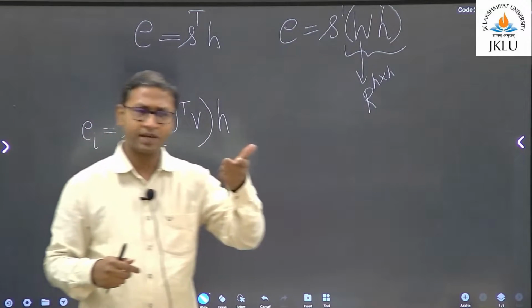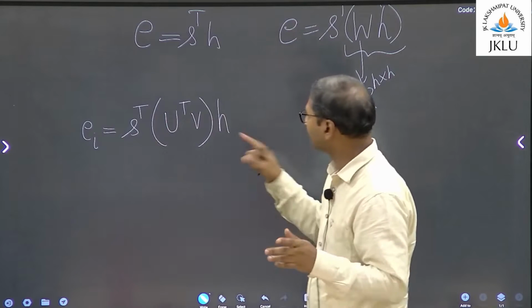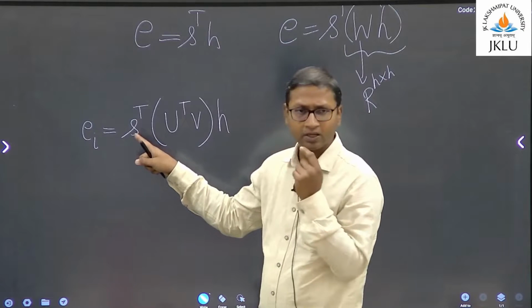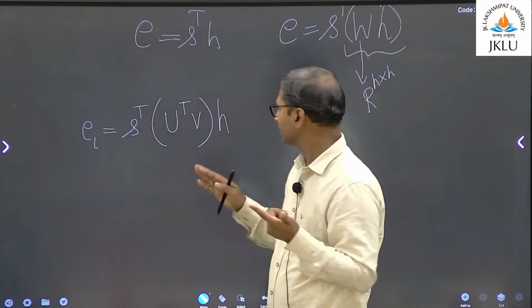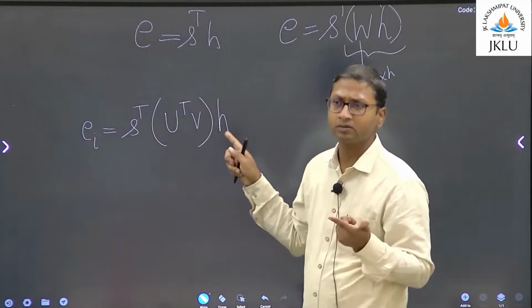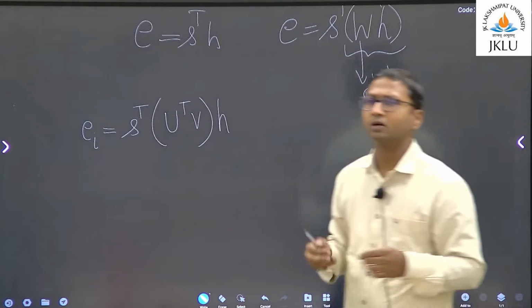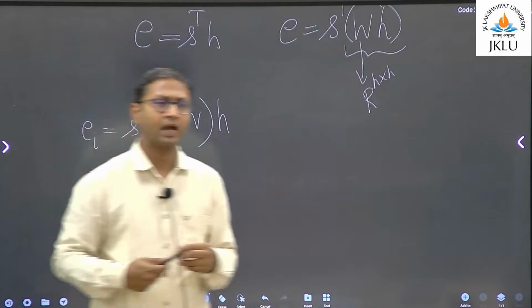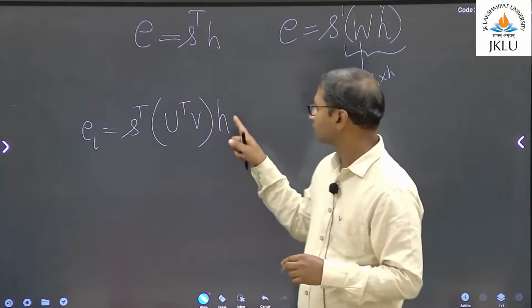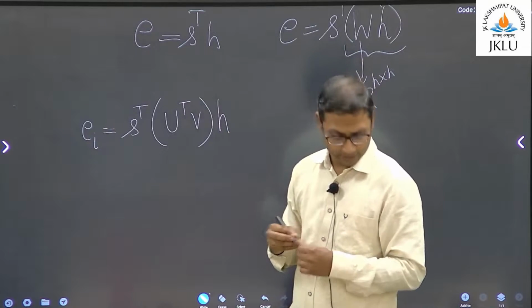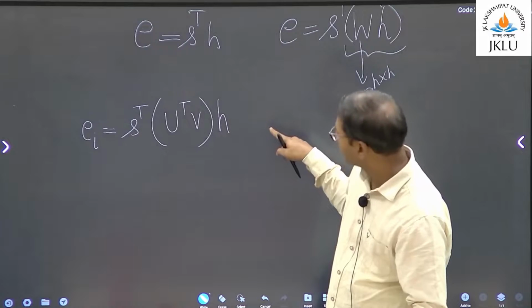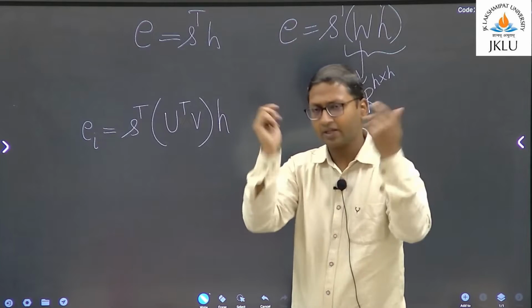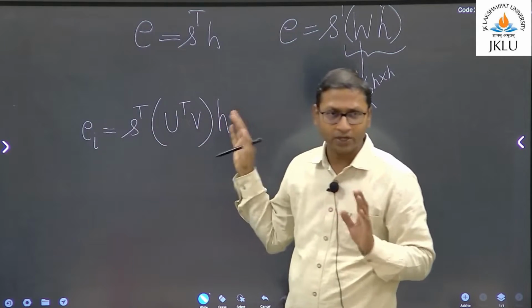So at the ith timestamp, this would be s_i transpose, and this would be, I think we were using i for Tx, right? So h_i should come here then. Anyway, let us leave this notation. Do you understand what is happening here?